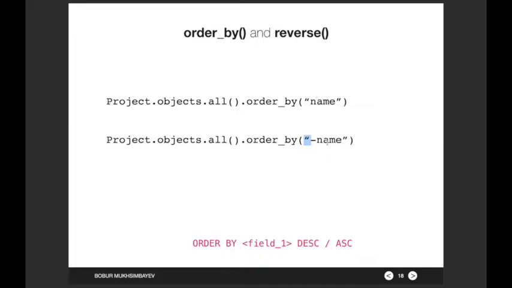And here we have the option to send multiple fields, for instance name and task count, and so on. If we have projects with the same name, it will look at the second value for ordering, and if that is also equal, it goes to the next field.